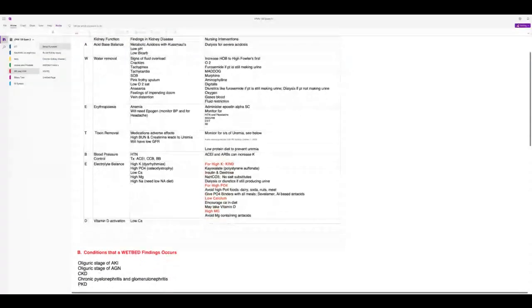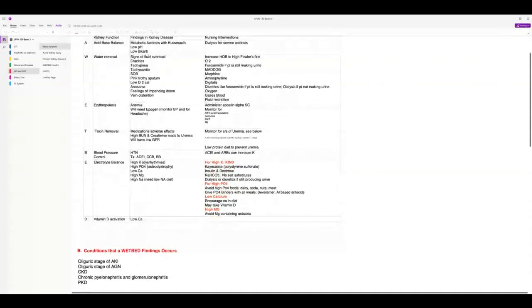Okay, so these are what the labs are going to show. They're going to have a high potassium, high phosphorus, and you know phosphorus and calcium live in an inverse relationship. So anytime phosphorus is high, calcium is low. High magnesium, high sodium, low pH.